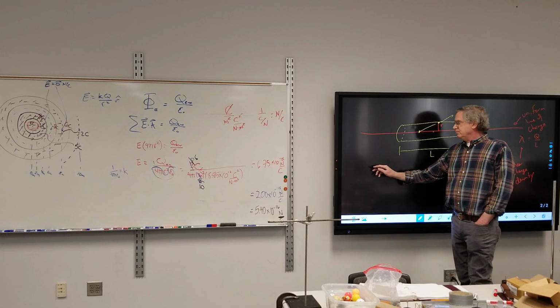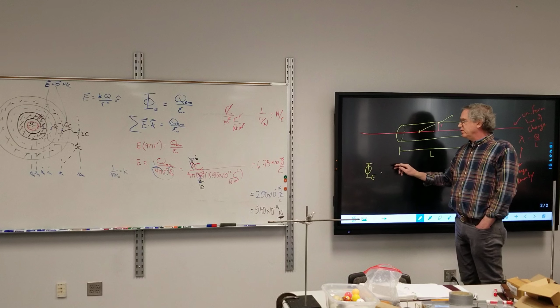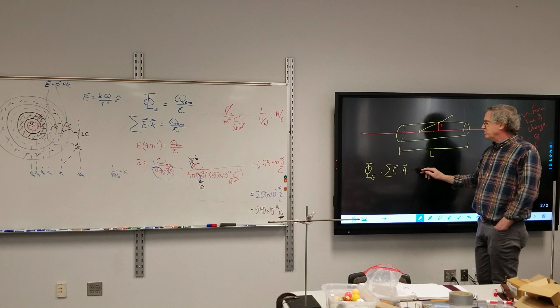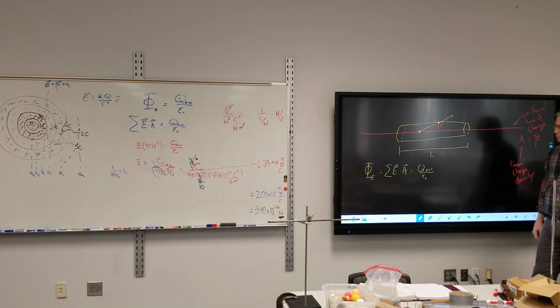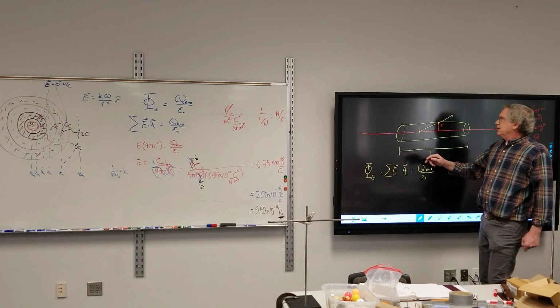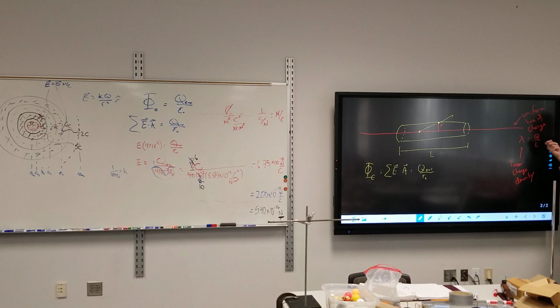Now I know Gauss's law says that the electric flux, in other words, the sum of all the E dot A's, is going to be equal to the charge enclosed over epsilon sub naught. So first thing, let's figure out what the charge enclosed is. I know this is length L. I know that the charge density is lambda.